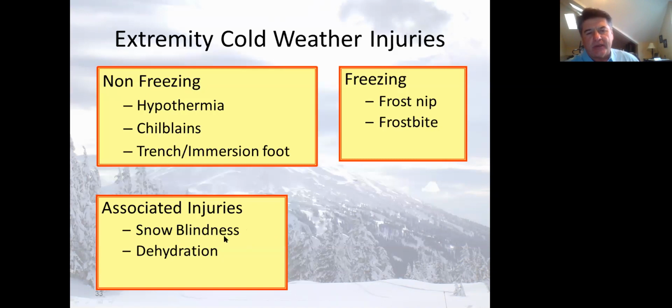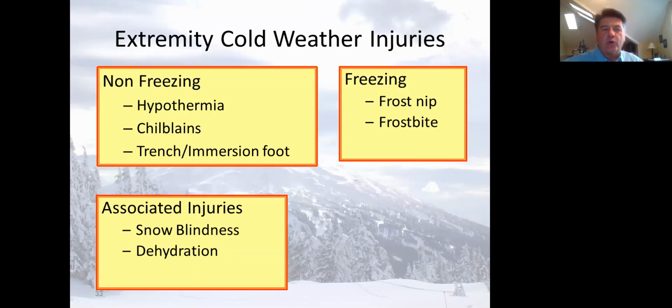It's a burning of the retina. It's very difficult. That's why most people need to wear sunglasses when they're outside. And dehydration, again, we talked about the respiratory loss and the intense loss of fluids by increasing our respiration, so we can get dehydrated.